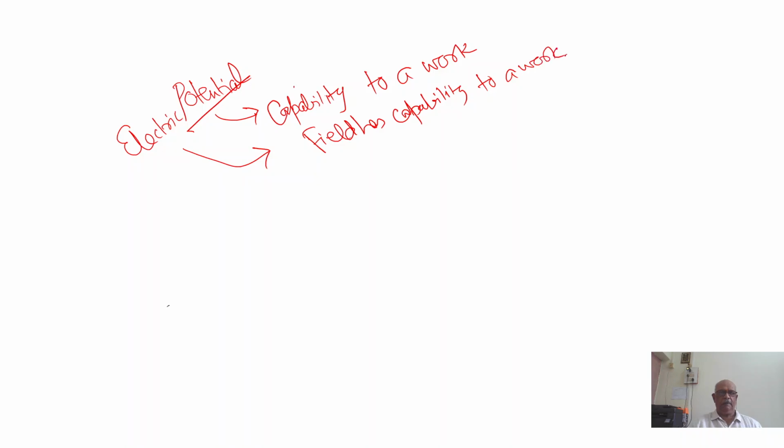And what does this mean? It means, if I have got a charged particle Q and there exists an electric field E, so to move the charge, I need to have the force acting on this charge is Q into E, right?